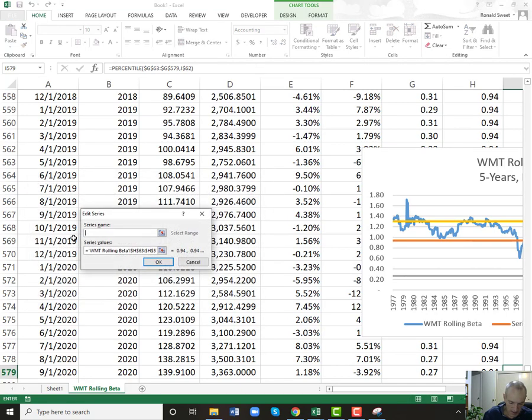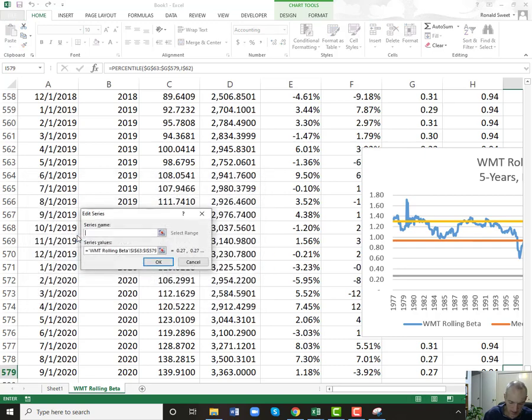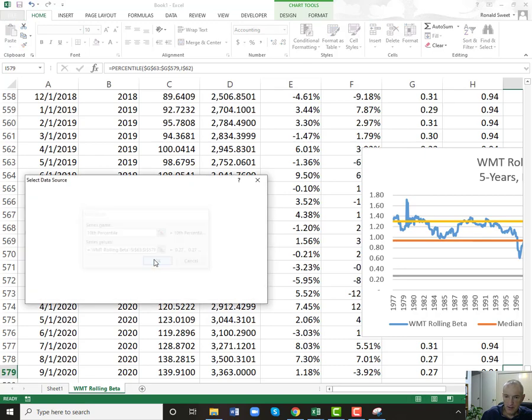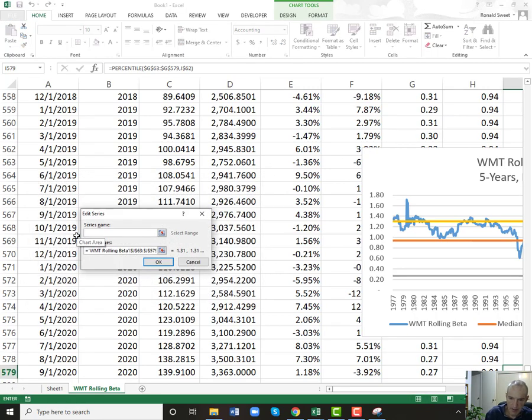The next one is the median. The next one is the 10th percentile. And then the last one is the 90th percentile.